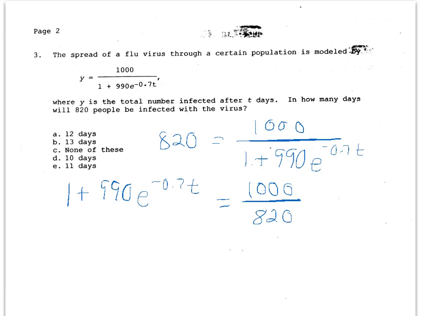And to solve for e, we want to subtract 1 from that. So we have 990e to the negative 0.7t equals 1,000 divided by 820 minus 1. 1,000 divided by 820 is 1.2195. Subtract 1 from that.